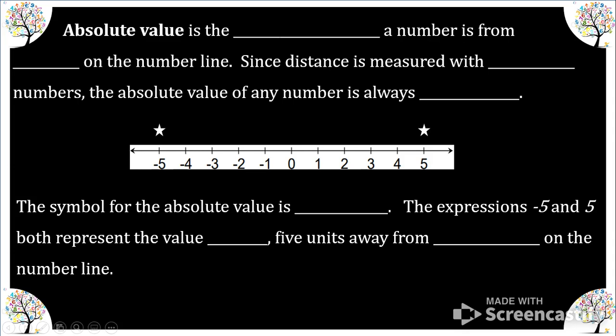Now let's talk about absolute value. Absolute value is the distance a number is from 0 on the number line. Since distance is measured with positive numbers, the absolute value of any number is always positive.